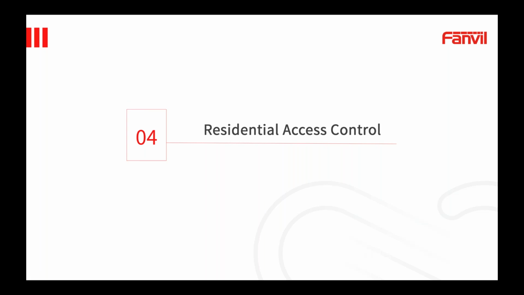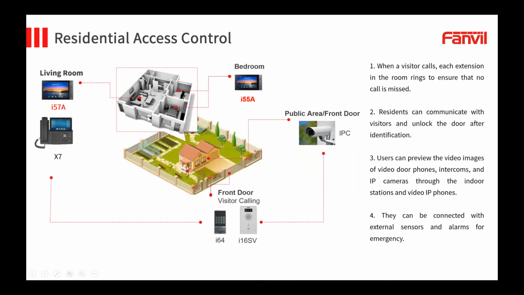And now let's come to the residential access control part. For this scenario, we also use different models of Fanvil IP phones and indoor stations, with some IP cameras. For the living room, we use the I57A indoor monitor and X7 video IP phones, which can also get a clear video image of these IP cameras, door phones and intercoms.